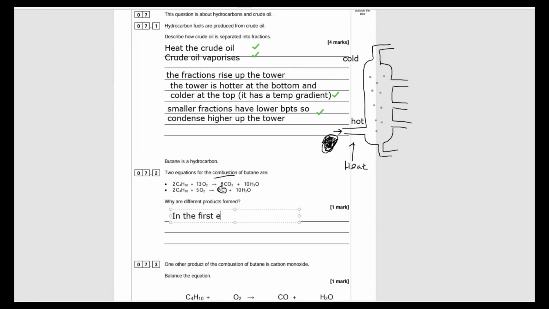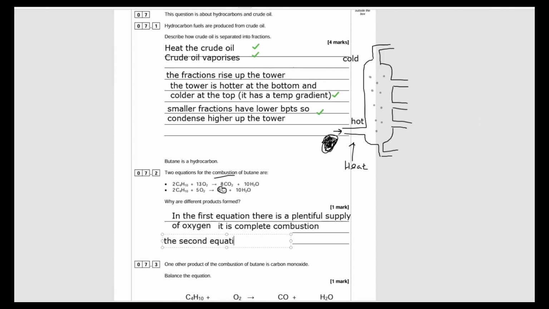in the first equation, there is a plentiful supply of oxygen. You can basically say there are different amounts of oxygen. So in the first equation, there's a plentiful supply of oxygen. It is complete combustion. Okay. The second equation, there is limited, not enough oxygen.